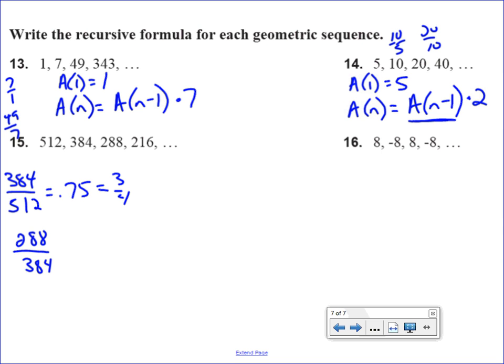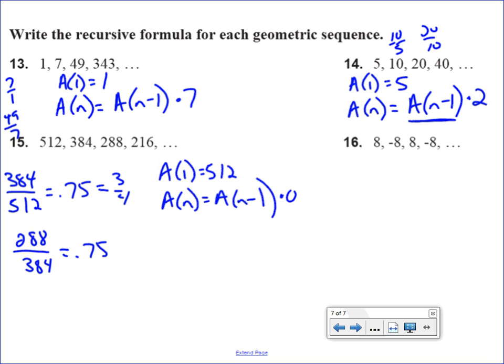We'll use 0.75 for this one, just to show you a different version. 288 divided by 384, we again get that 0.75. So how would I write this one? I would write it as our first term, again, is 512. Any term after that, you take the previous term, and you'd have to multiply by a 0.75 or 3/4.